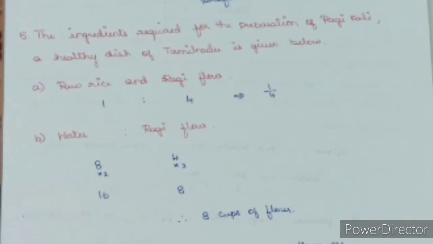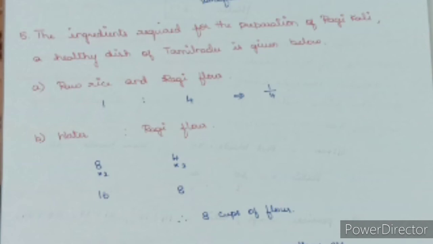Next question. The ingredients required for the preparation of Ragi Kali, a healthy dish of Tamil Nadu, are given below. First one is the ratio of raw rice and ragi flour. So the table is given in the textbook. You can see the question in the textbook itself. See, raw rice and ragi flour.